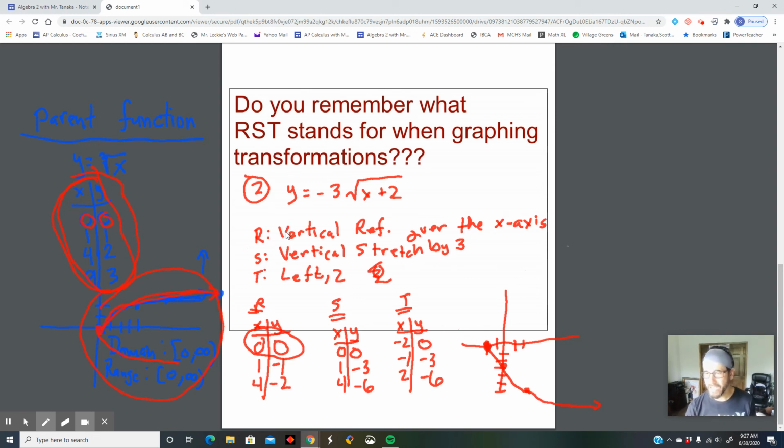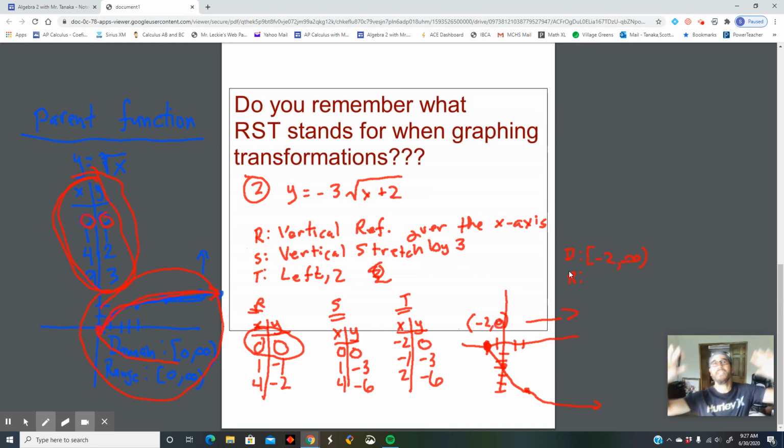But the question is, can you do the domain and the range? Remember, what helps us with the domain and range in these problems? Well, the starting point does. That's -2, 0. So the x is -2. But if I look at the x's, it starts at -2, and the x's go that way. So it's -2 to infinity. But when I look at the y's, I do have a 0 there. But guess what?